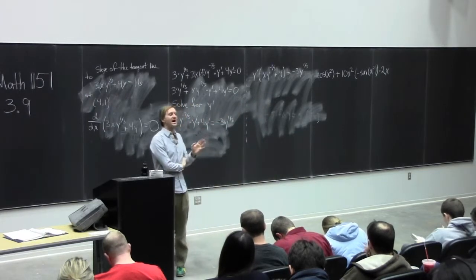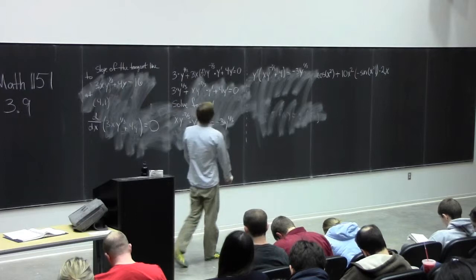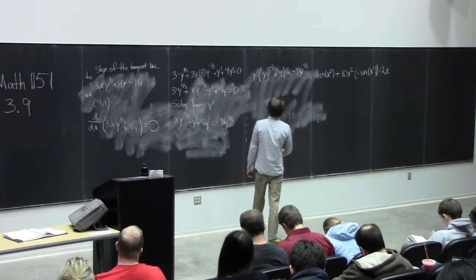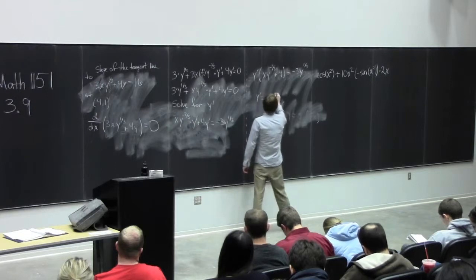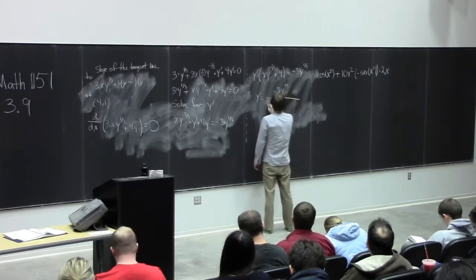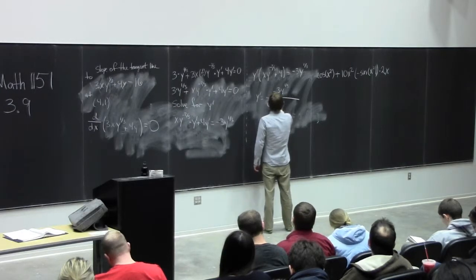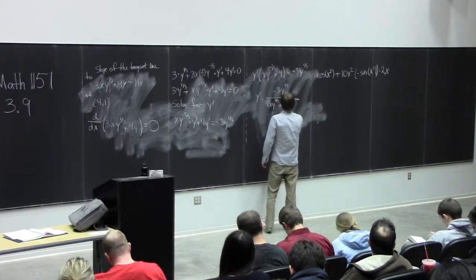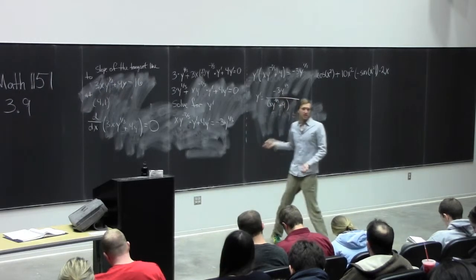And now I divide both sides by xy to the negative 2/3 plus 4. y prime is equal to minus 3y to the 1/3 all over xy to the minus 2/3 plus 4. There's my derivative.